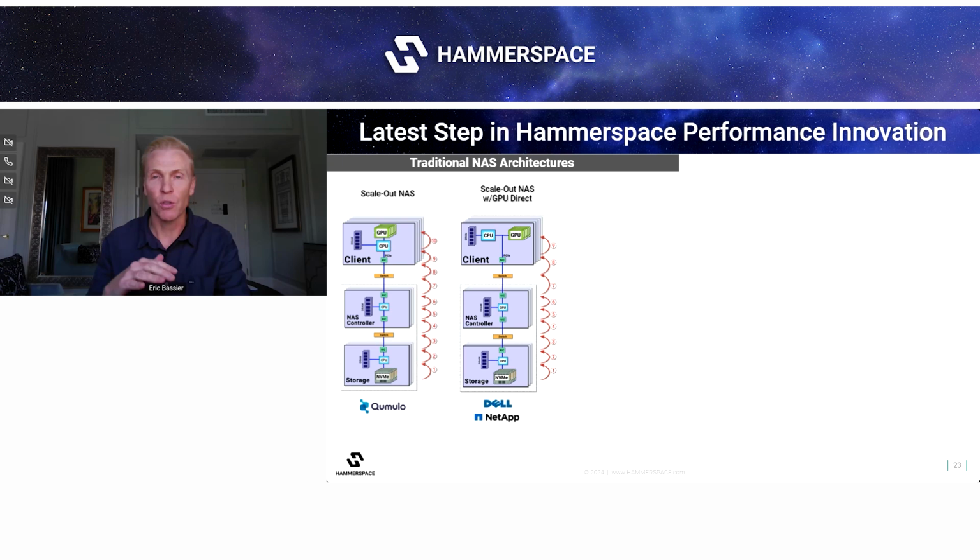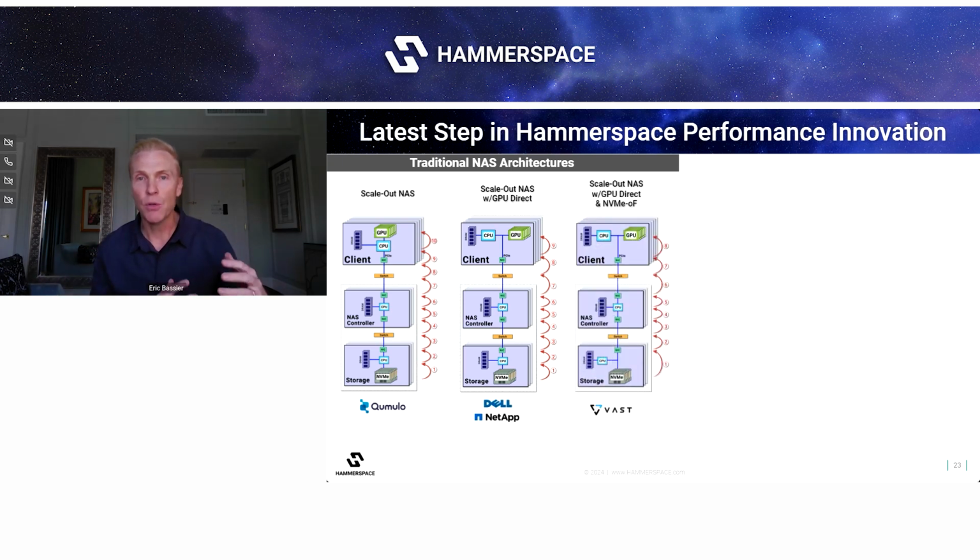But as we look at the progression of these NAS architectures over time, even the most modern all-flash scale-out NAS system, something like VAST Data, and even when it's using GPU Direct, the data path between the external NVMe storage and the GPUs is still really inefficient. What this is depicting is there's about 8 or 9 hops or network retransmissions that have to occur between the underlying NVMe and the external storage and the GPUs.